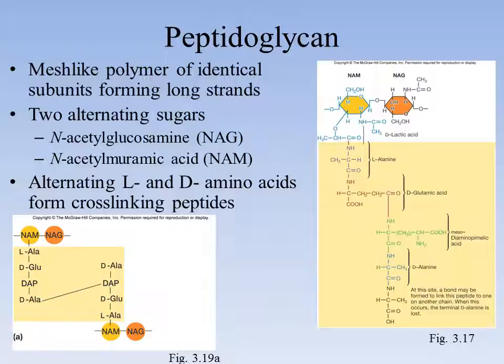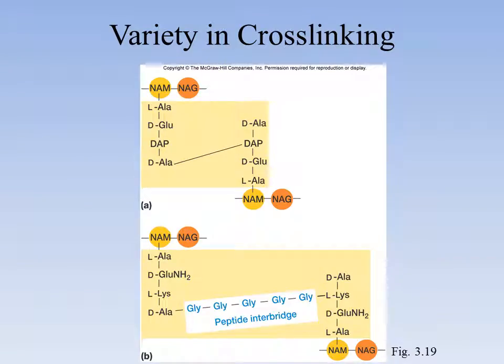So in this example here, here's our NAM and our NAG with the four chains of amino acids. And then this last chain here is actually linked to an amino acid that's connected to the NAM-NAG of another polymer. So we're going to have two long polymer chains of our sugars that are linked together by cross-linking these peptides. There's a variety in how this cross-linking can occur.